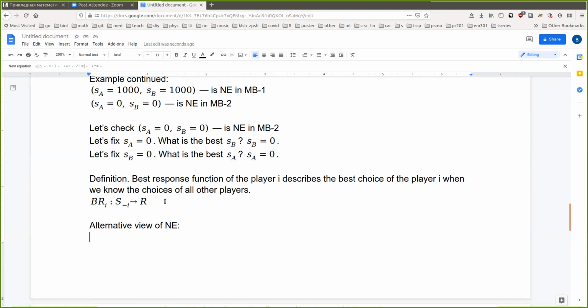That means the result of the best response function is not one value, but the image of the best response function may be a set. When you are indifferent, the best response function will give you all the best choices.